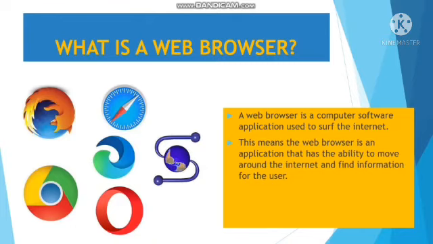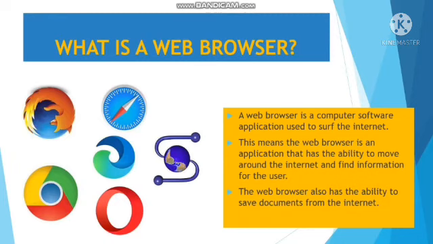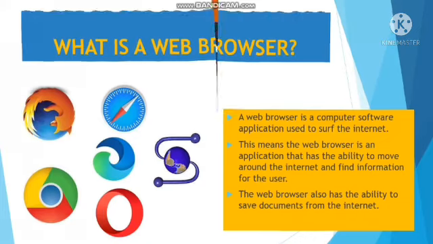This means that the web browser is an application that has the ability to move around the internet and find information for the user. The web browser also has the ability to save documents from the internet. Is that understood? Alright, let's move on.